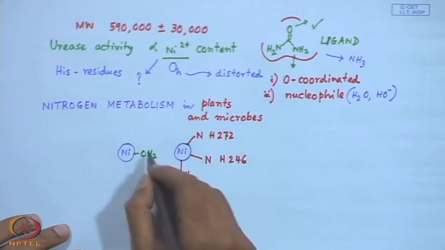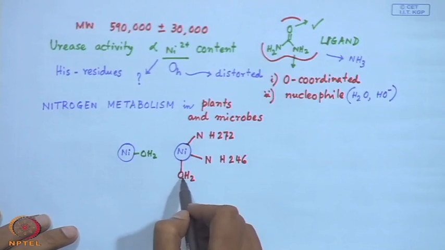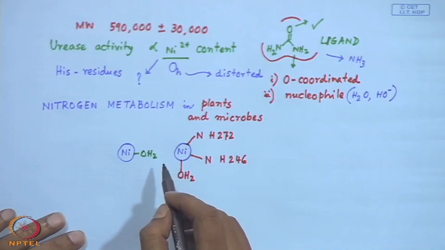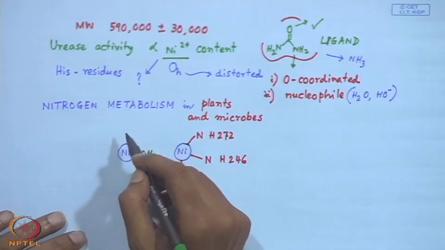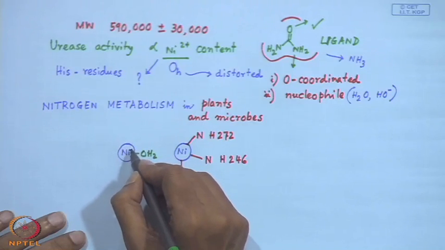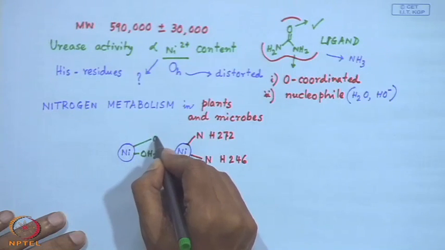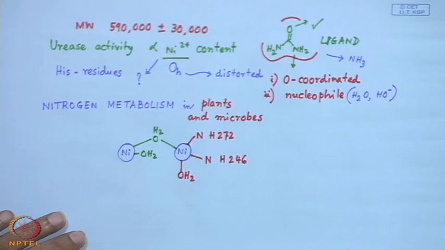So, we have two water molecules attached to both the nickel centers as monodentate ligands. That is why people were initially confused whether the same water molecule will attack the corresponding urea for the hydrolysis reaction, and also a unique bridging water ligand.